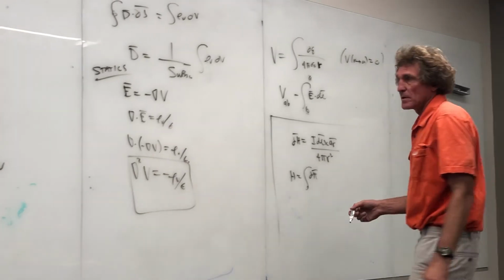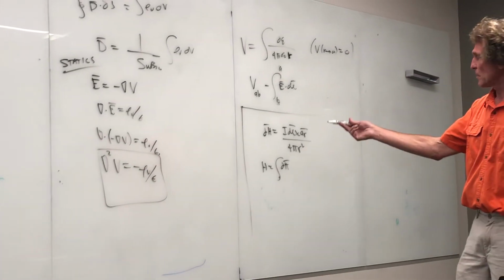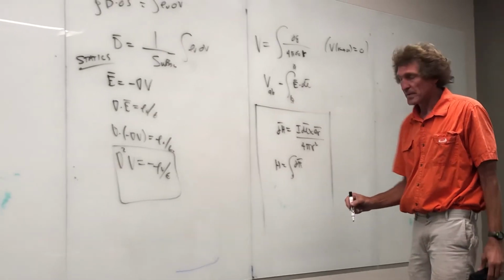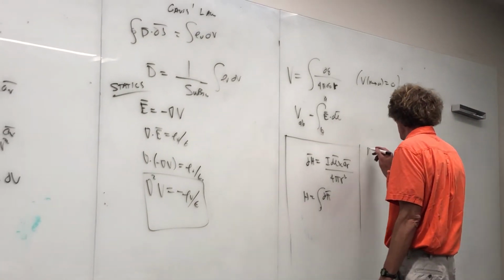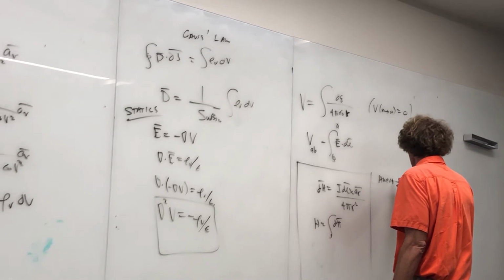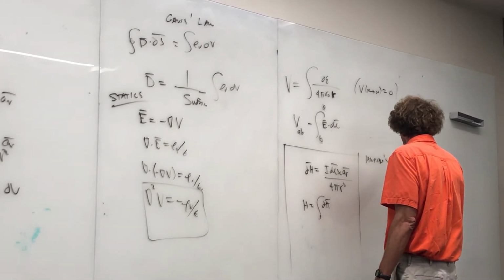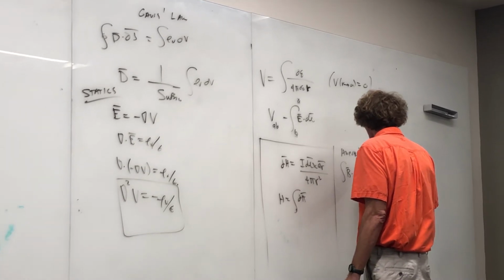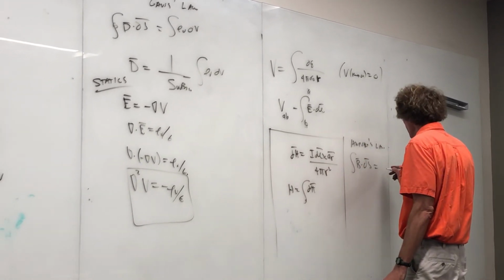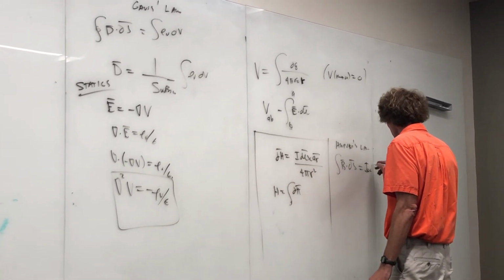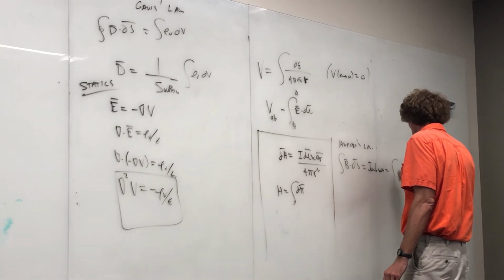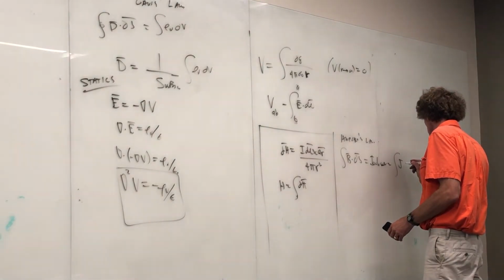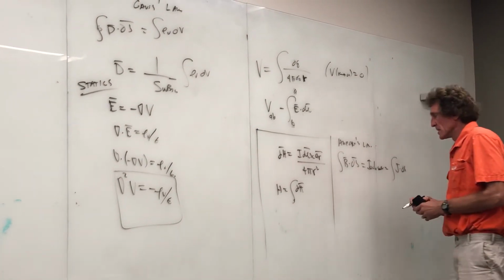All right, well, you can see that there's also something that comes next that has to do with highly symmetric cases. And then you can use something, this is Ampere's law, right? And Ampere's law says the integral of B dot ds is equal to really the I enclosed, or it's the integral of J dot ds.